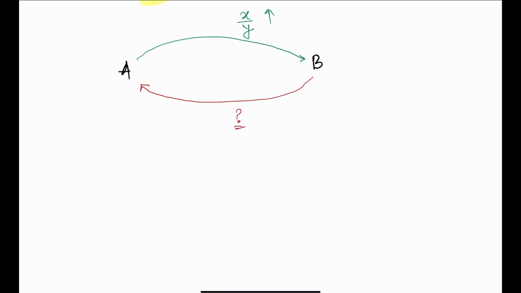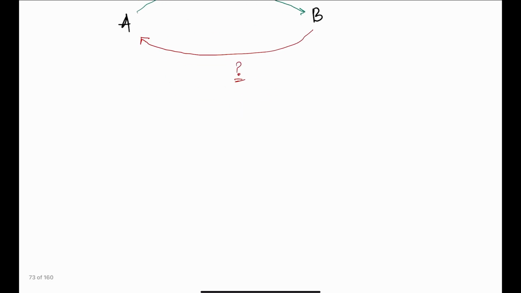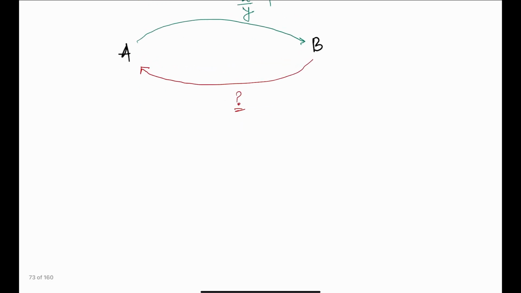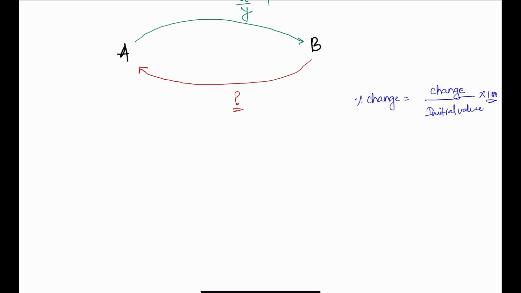How we used to solve this type of question, the concept used to be percentage change. How we used to find it is change divided by initial value into 100. So this is actually the formula.